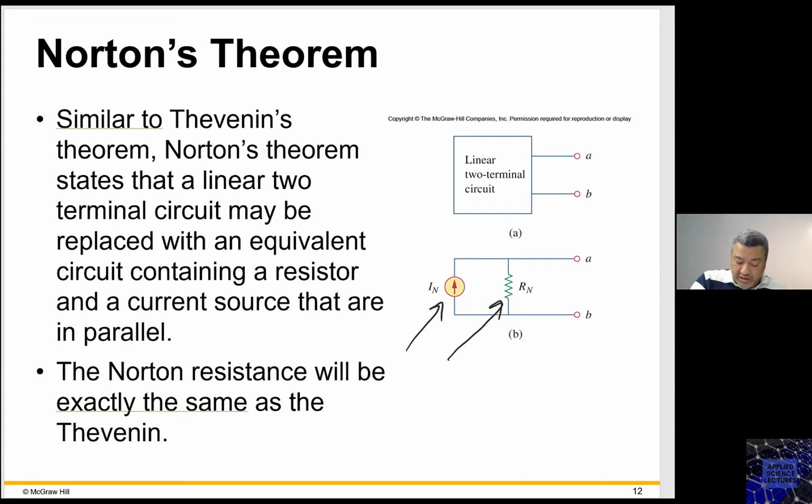And by the way, this R Norton is equal to R Thevenin. The only difference is the representation for the circuit. In Thevenin's theorem, the representation was a voltage source in series with a resistor called R Thevenin. In Norton's theorem, it is an independent current source in parallel with a resistor that we call R Norton that is the same as R Thevenin. No difference at all.